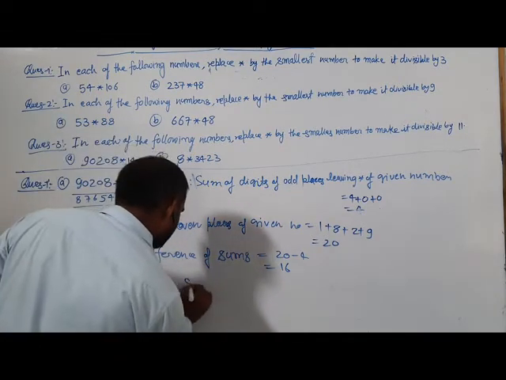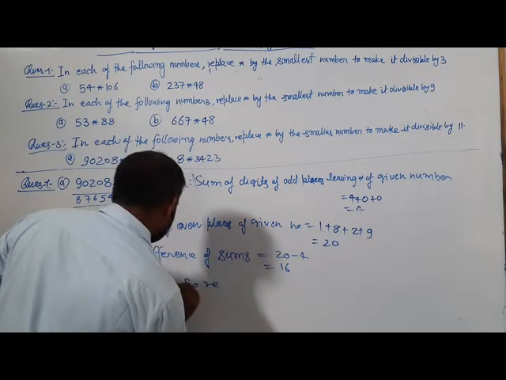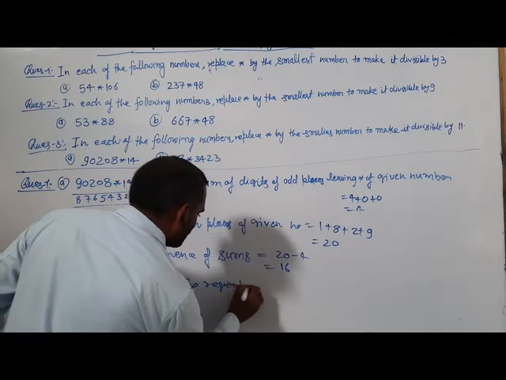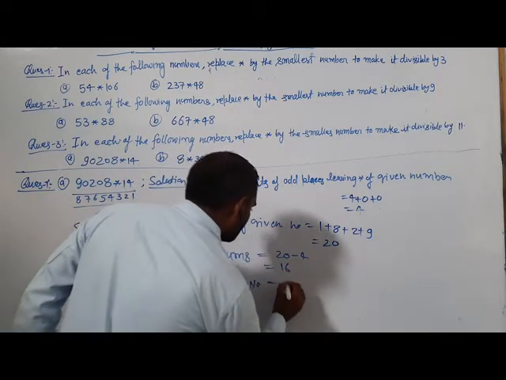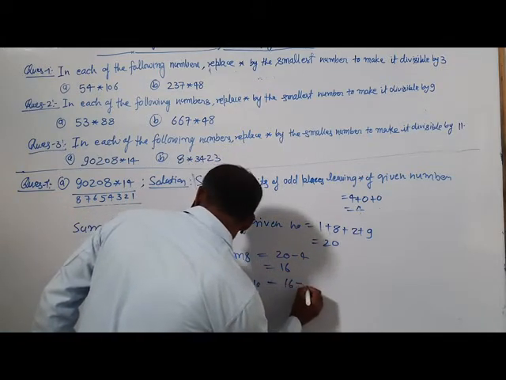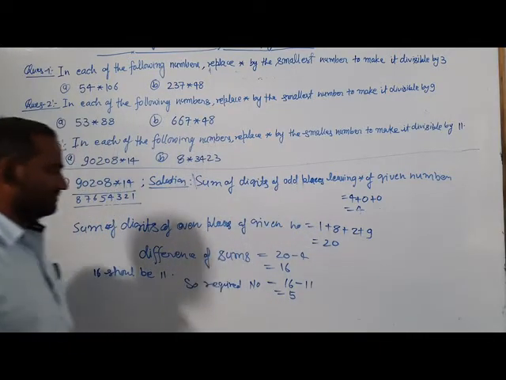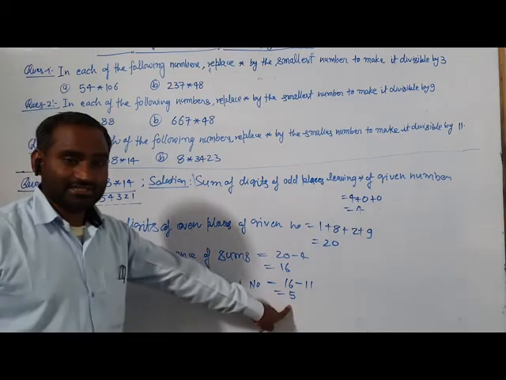So the required number is equal to 16 minus 11, which is 5. So the required number is 5.